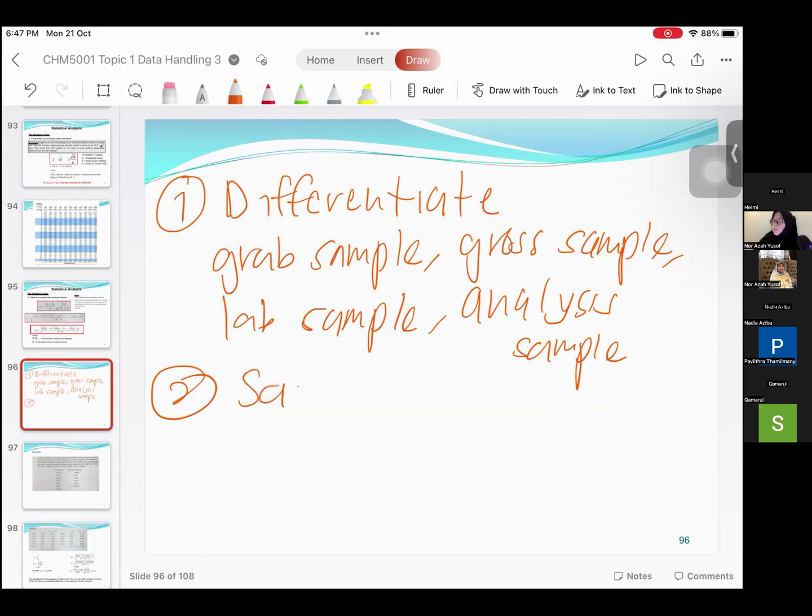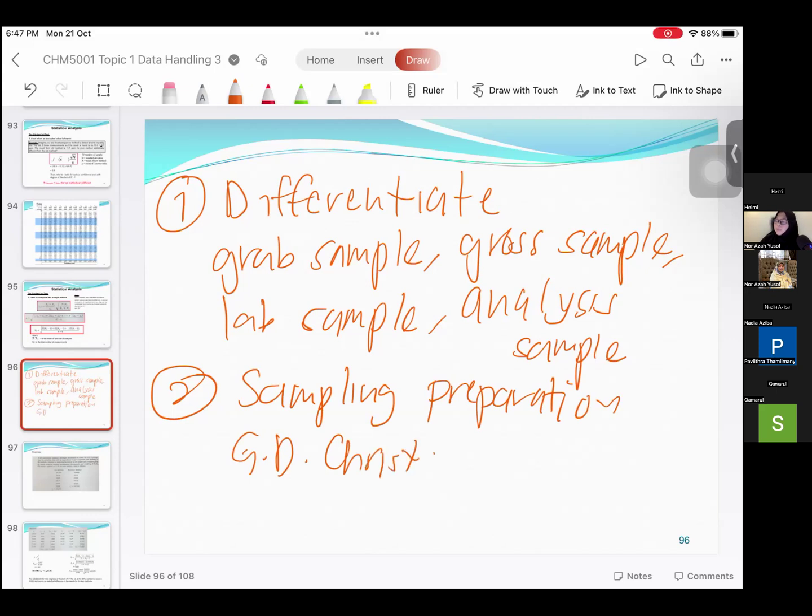You read sampling and sample preparation. This is from G.D. Christian, the book that I have shared with you in Putra Blast, also in the WhatsApp group, I think. You can read chapter 2, starting from page 49. So you can have a protocol in sampling and how to generally prepare the sample.